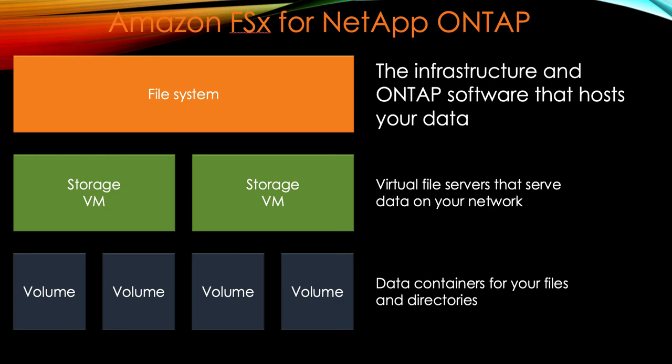So what is Amazon FSx for NetApp ONTAP? Amazon FSx is a file system which uses NetApp ONTAP software, and whenever you create a file system, Amazon provides the infrastructure, using the ONTAP software, which hosts your data. If I give you a definition, FSx for NetApp ONTAP is a fully managed service that provides highly reliable, scalable, high performing and feature rich storage built on NetApp's popular ONTAP file system.